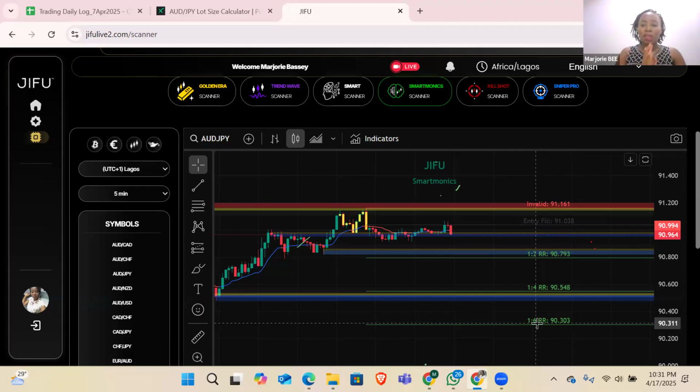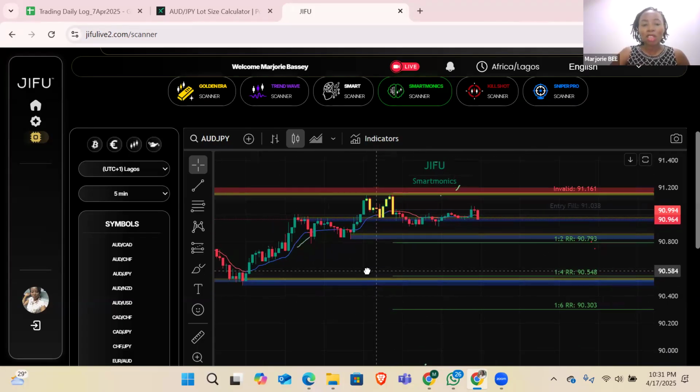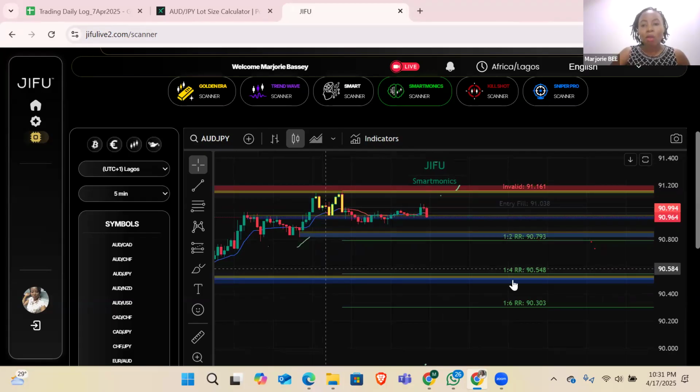One of the things with the Smart Money Scanner, I want to go back and see some trade ideas. Smart Money Scanner's trades hit this 1 to 6 RR in 95% of the instances. Don't take my word for it. You can just note this trade down and monitor it between today and probably close of business hours tomorrow.